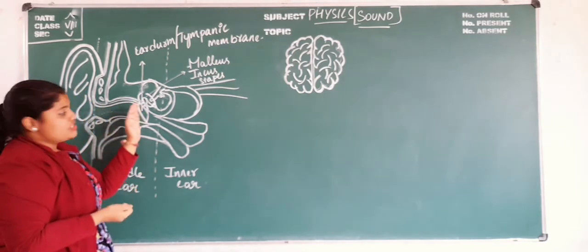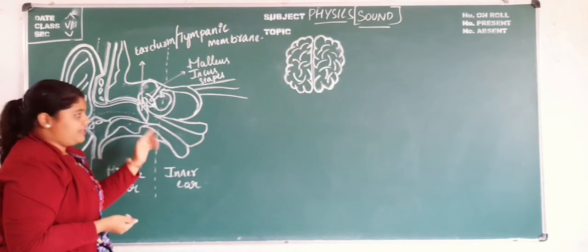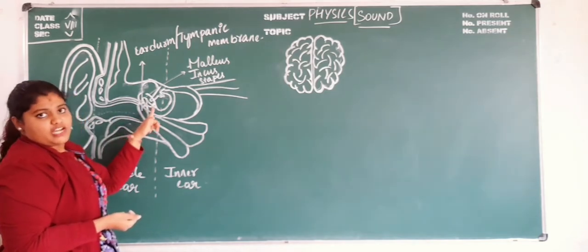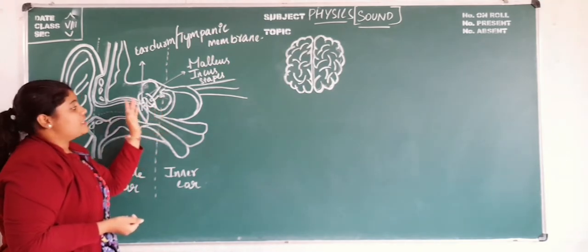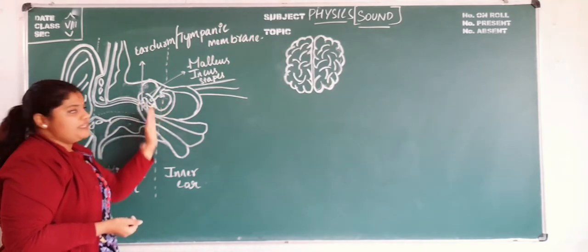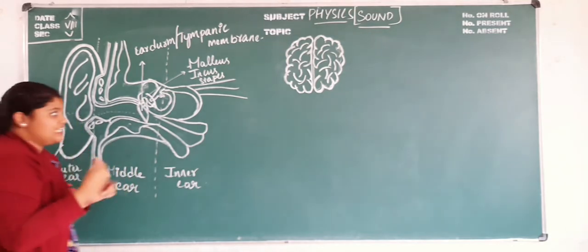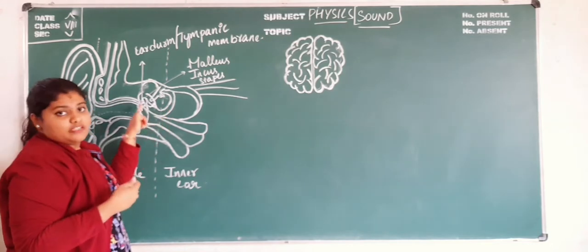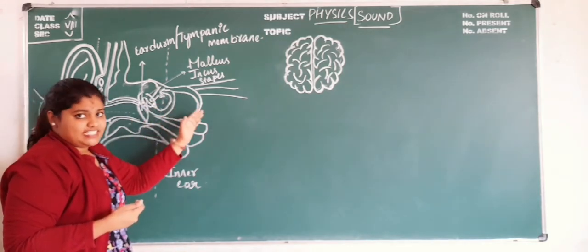So when the vibrations are passed on to the eardrum, it starts vibrating, and the three bones which are attached to the eardrum pass the signals on, and in the middle ear the sound is amplified, the sound is increased. And then the sound signals are converted into electrical signals.